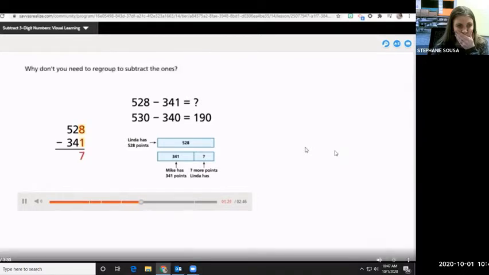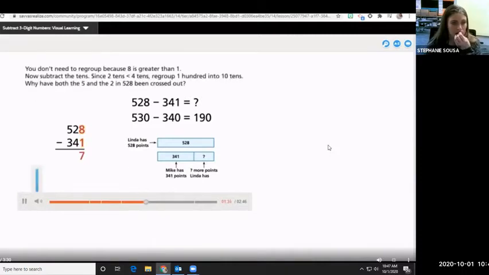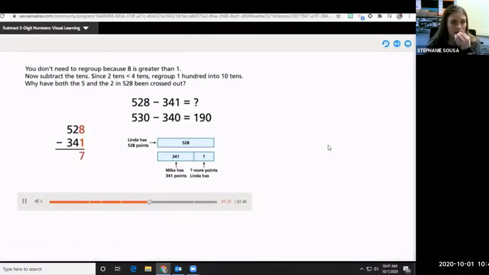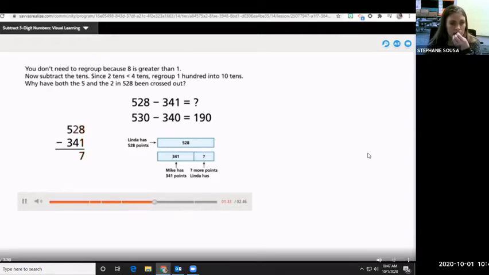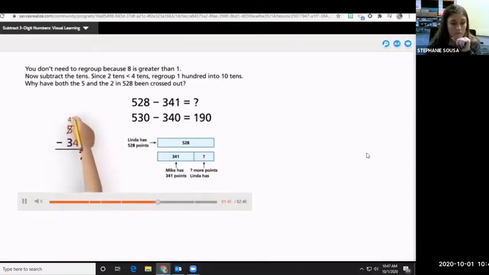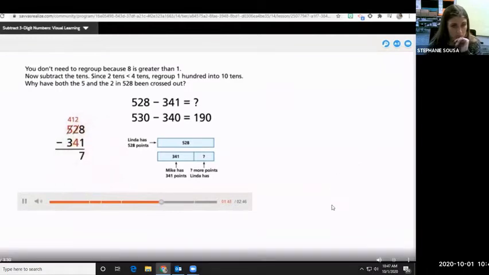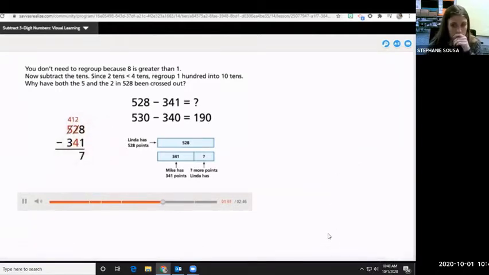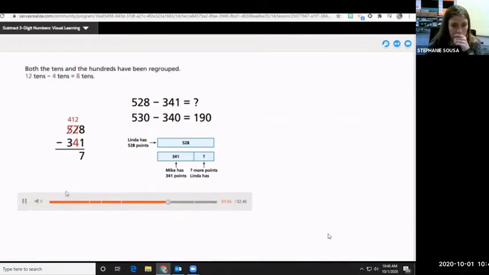Why don't you need to regroup to subtract the ones? You don't need to regroup because 8 is greater than 1. Now subtract the tens. Since 2 tens is less than 4 tens, regroup 100 into 10 tens. Why have both the 5 and the 2 in 528 been crossed out? Both the tens and the hundreds have been regrouped. 12 tens minus 4 tens equals 8 tens.